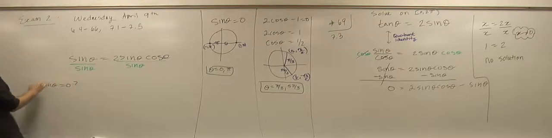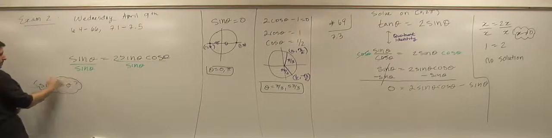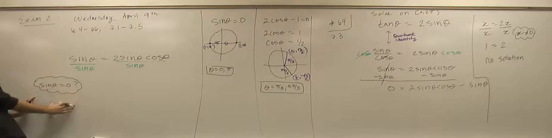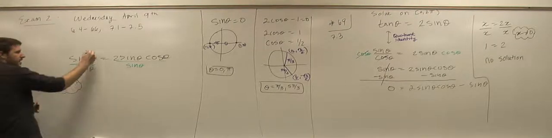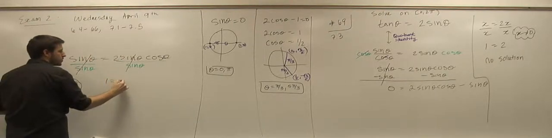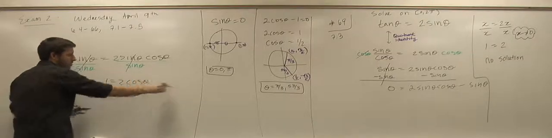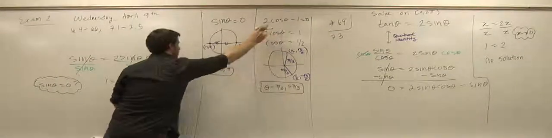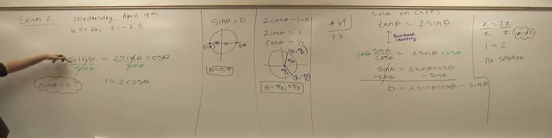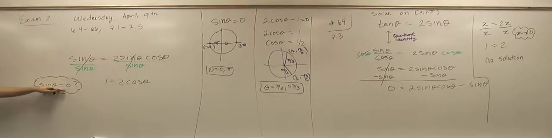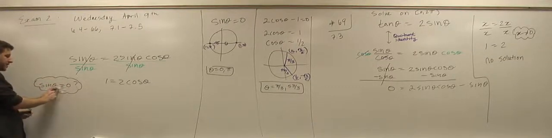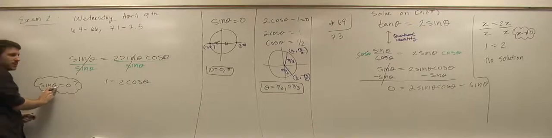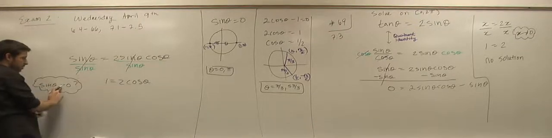So you would have a separate part of your equation where you solve this. Now, if you cancel here, you get 1 equals 2 cos theta, which is right here. So as long as you keep track of where sine equals 0, you can divide by it, but that's kind of tricky because you'll forget to get this extra solution. So whenever you divide by a variable, you're missing one of the solutions. So either don't divide or put it in manually.